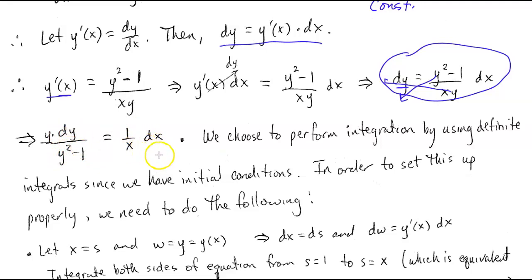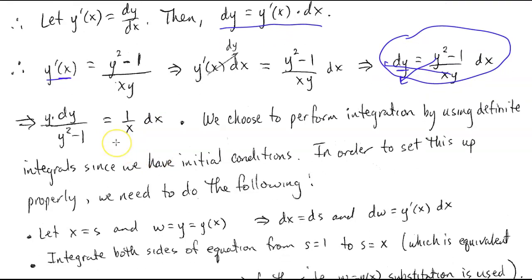Okay. Now, normally what we would do is just say, hey, let's integrate both sides. Here I could use the substitution rule to do the antiderivative for this. And of course, the antiderivative for the other side would just be natural log of absolute value of x.